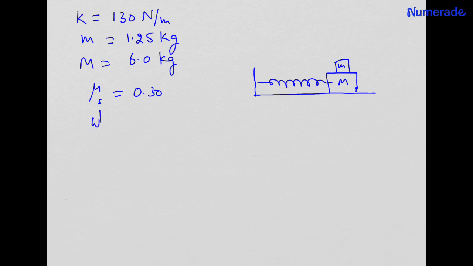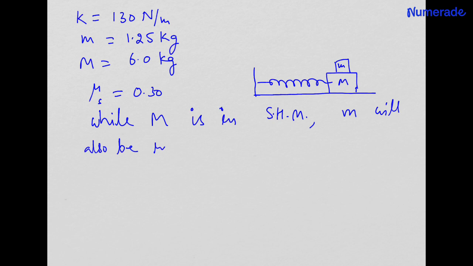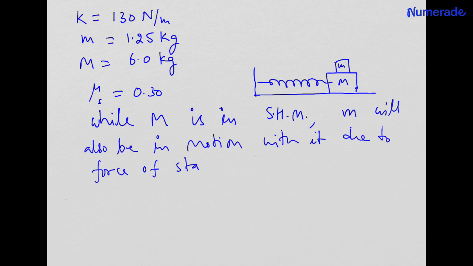So while capital M is in simple harmonic motion, small m will also be in motion with it due to the force of static friction acting between the blocks.